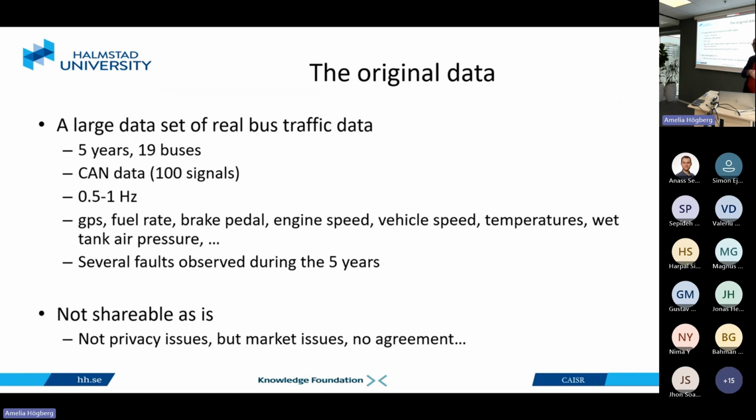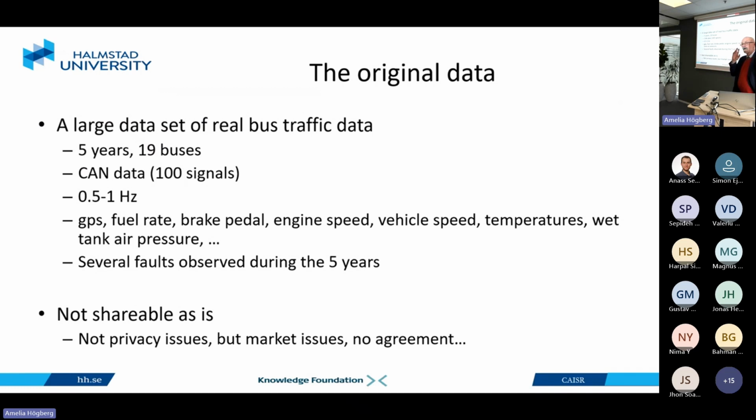And that's a problem because, of course, you would like to involve more people, thinking about open innovation. But then the question is, why can't you share it? Well, it's not the privacy issues, because a bus stops at a bus stop. There's no surprise in that. You're not giving away anyone's home address.